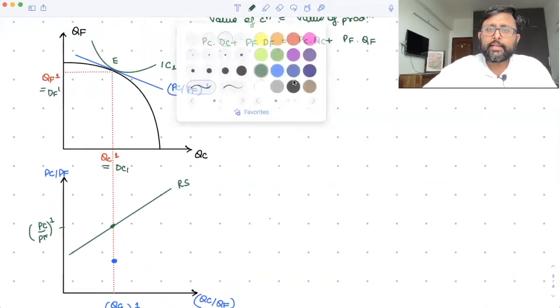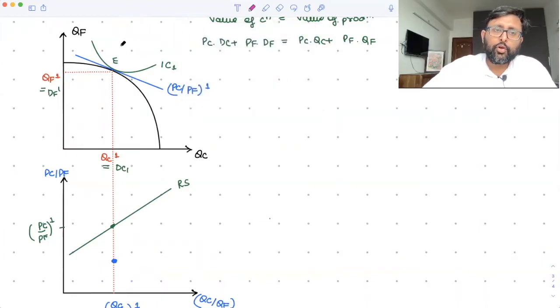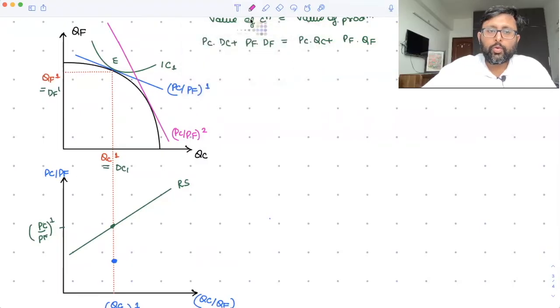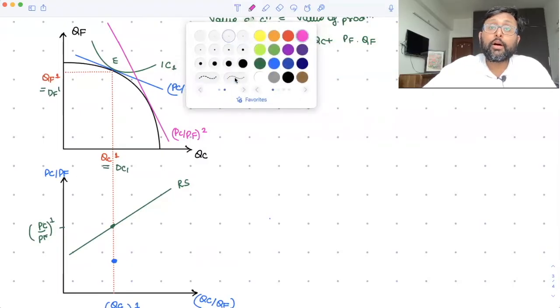Now, supposedly the price of cloth has increased, right? So it is PC by PF2. So how much will you be producing?